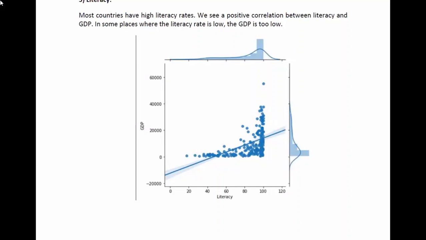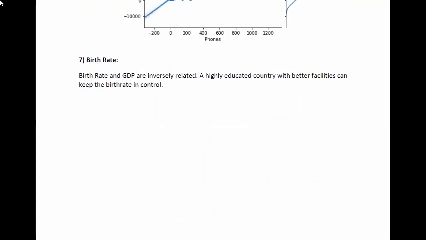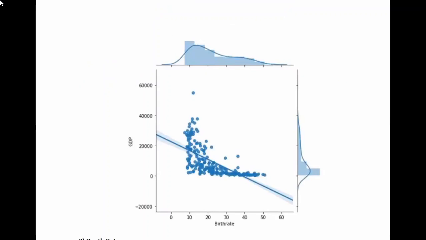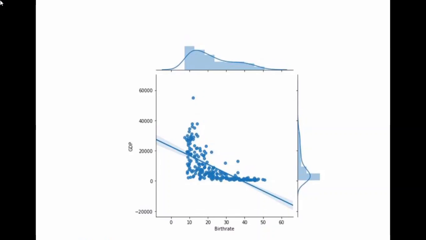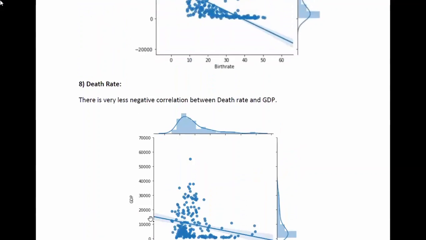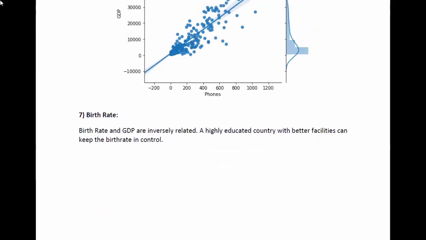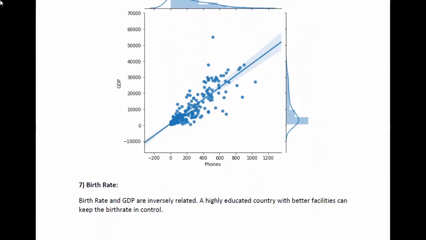Next important factor was literacy, and we see that many countries have a very good literacy rate, and hence they're having higher GDP. Moving ahead, I would like to talk about technology now. So if we just move ahead a bit, we can see the graph for technology. That is nothing but phones.